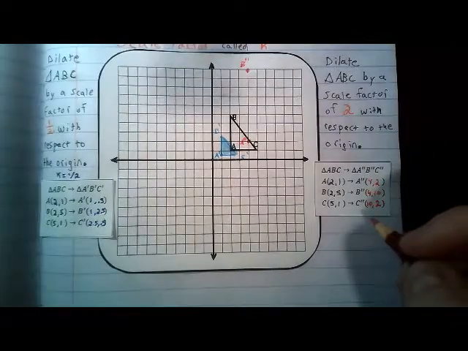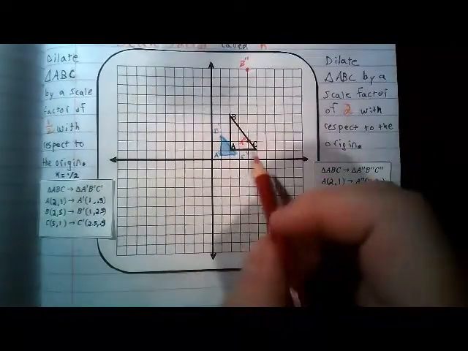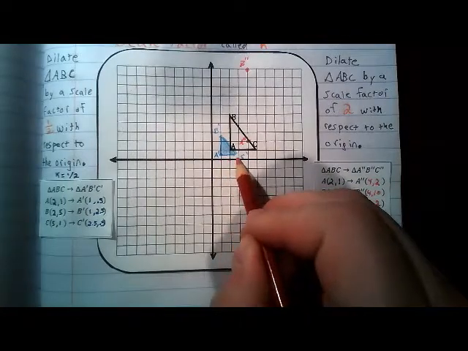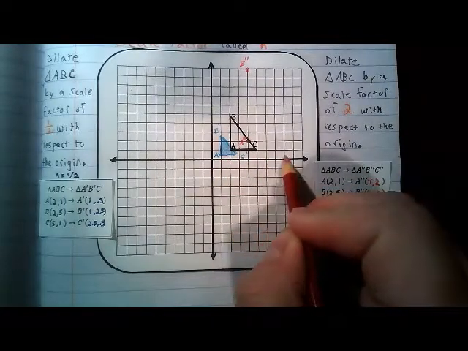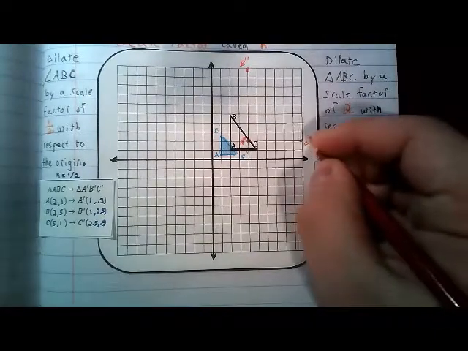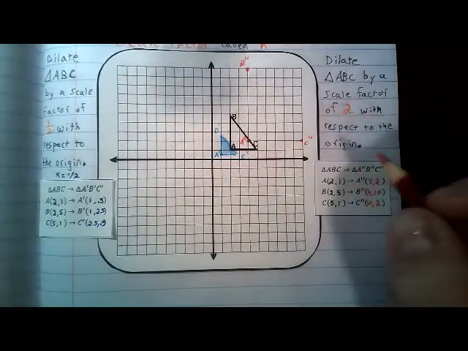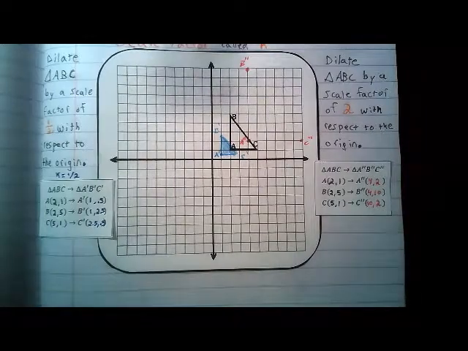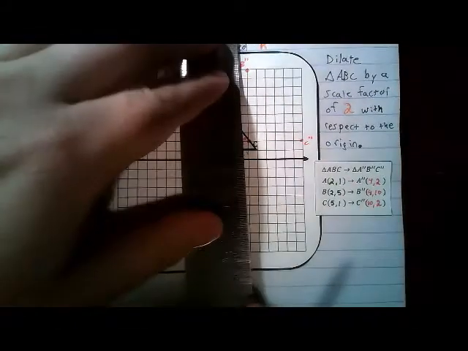And finally C is at 10, 2. And that's 1, 2, 3, 4, 5, 6, 7, 8, 9, 10. And then up 2. There's C double prime. And we can use a ruler to connect that triangle together.